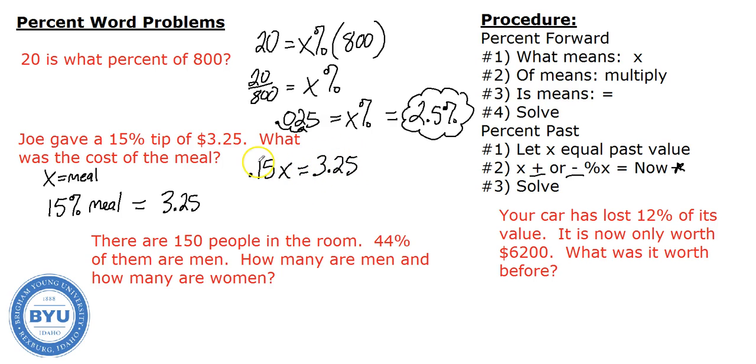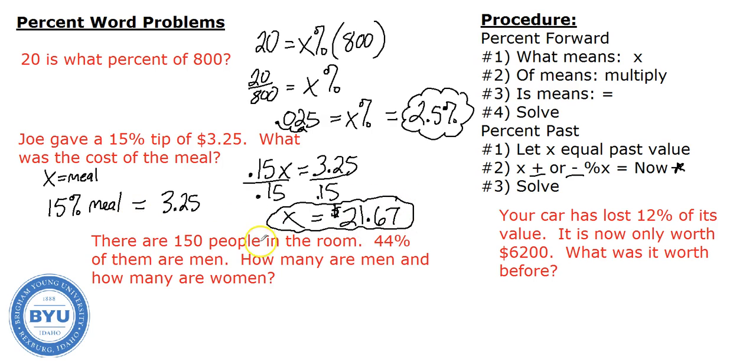In other words, when I took the meal cost times 0.15, it came out to be $3.25. So I'm now going to divide by 0.15, and that'll get us the cost of the meal. 3.25 divided by 0.15 comes out to be $21.67 when we round.